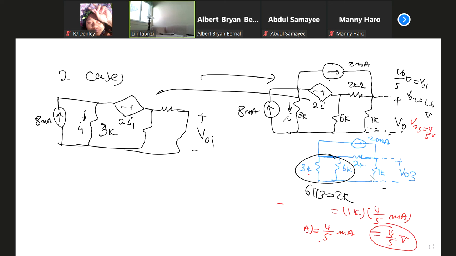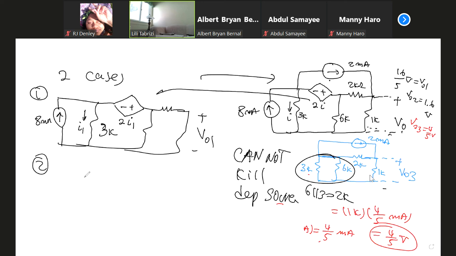So you only have two cases. You cannot kill dependent sources. You have to keep them and readjust. So this is case 1. For case 2, you kill the 8 milliamps, so you get 3K.